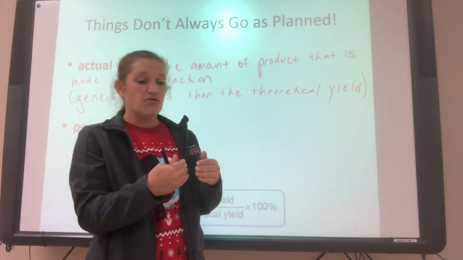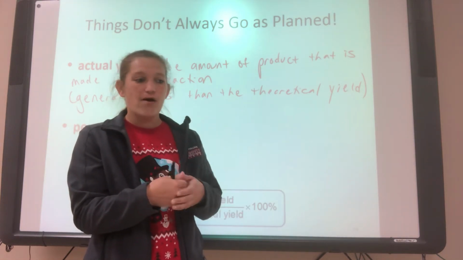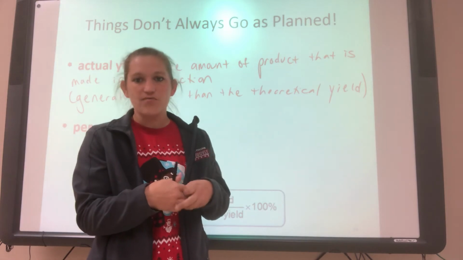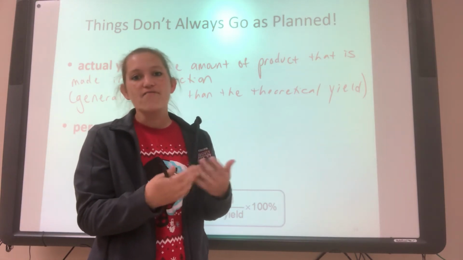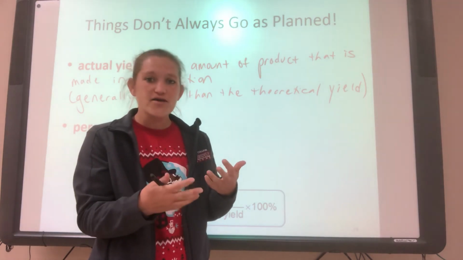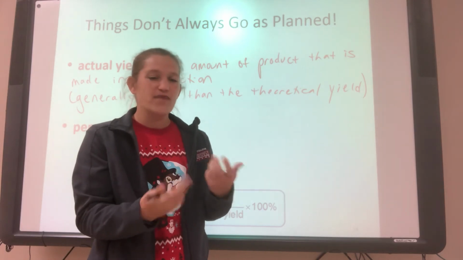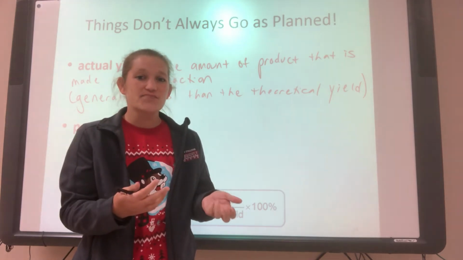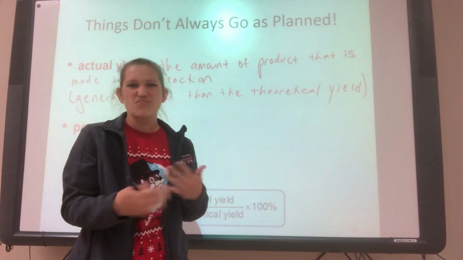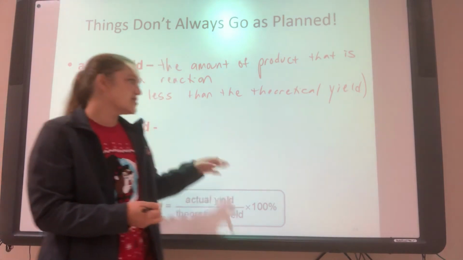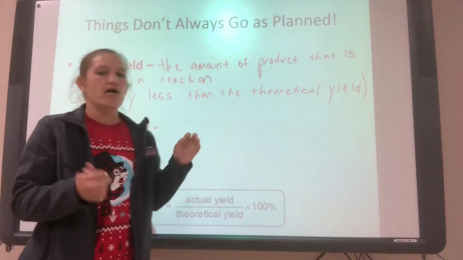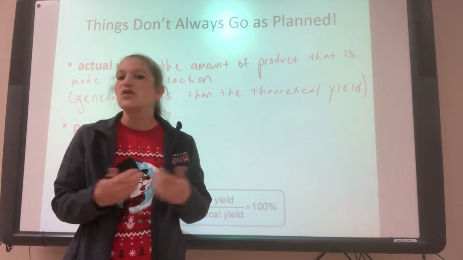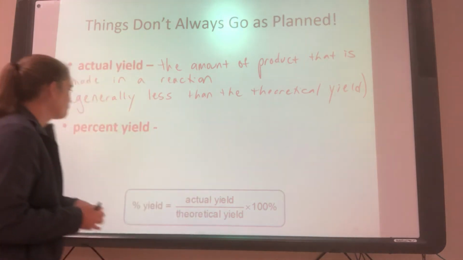If I'm mixing 2 things, I know how much I should make, but what if something else gets added that wasn't planned? Then my mass is a little higher than it should have been, and I think I made more product, but really the product wasn't pure. It had some other stuff in it. That's why we say generally. When we're talking about lecture and doing our math, it's going to be less.